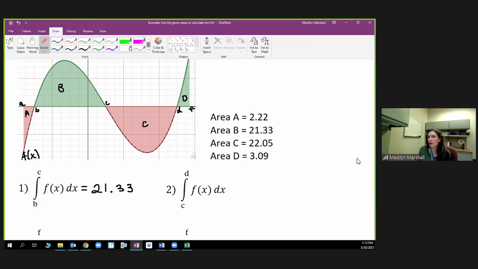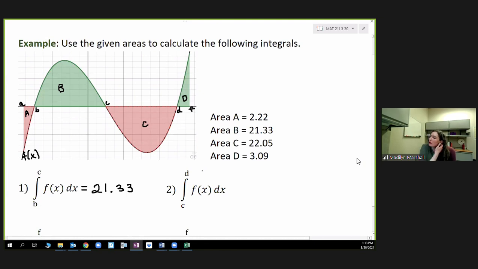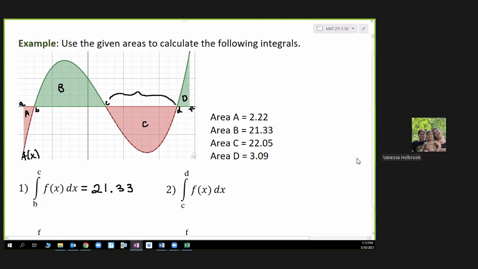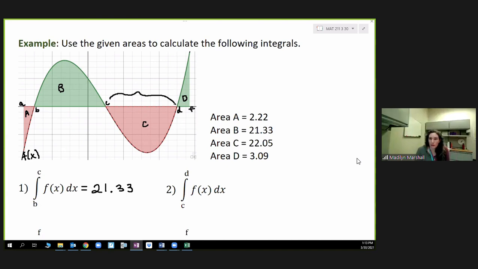Number 2, now we want to know the integral from c to d. So starting at c and going up to d. 22.05. Almost. So that shaded region has an area of 22.05.